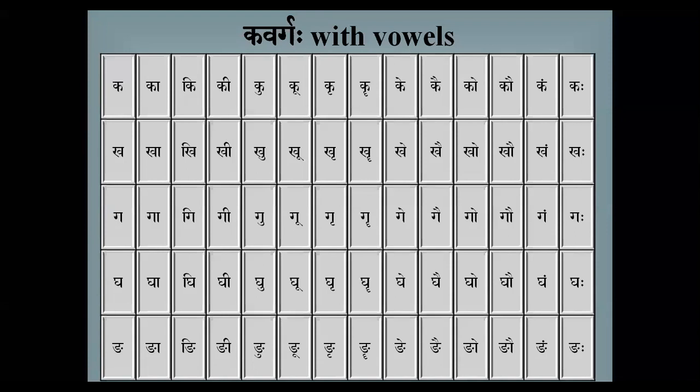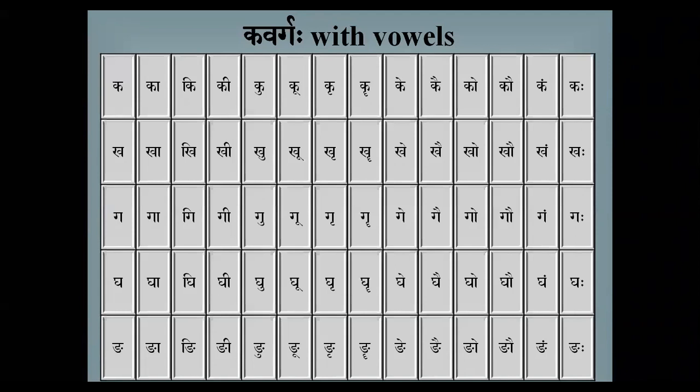It is Mahaprana, aspirate, and that sound also must be there. We have to distinguish between the first two. That difference we must show. The beginning may be difficult, but once you are familiar with the language, it becomes easy.